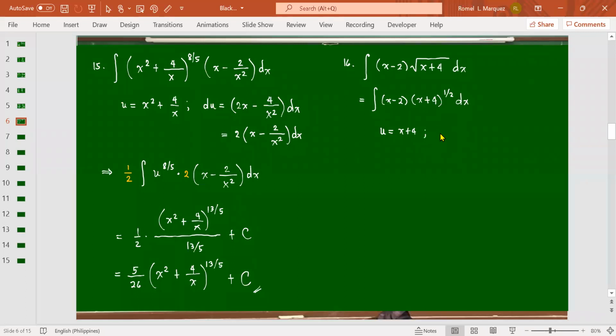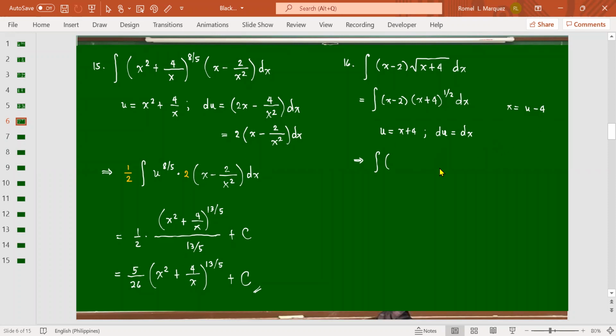And then what is du? du is equal to dx. Then we have x minus 2. Anong x natin, from your substitution? X is u minus 4.